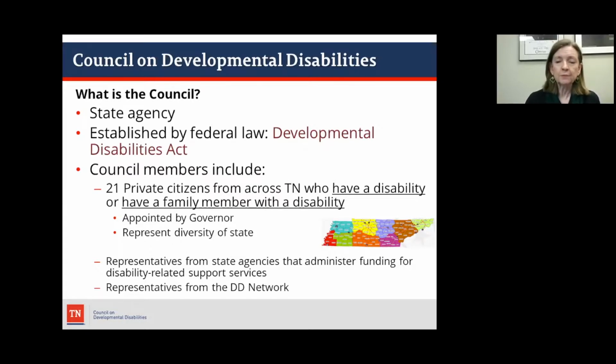So it gives us a really powerful base, I think, for hearing a lot of information, both from the customer side and also from the executive branch, state agency side, and a lot of those issues that come up at the council meetings we take to the roundtable.